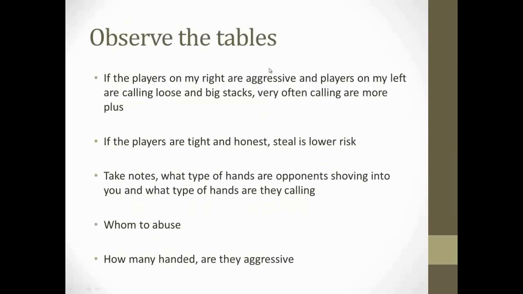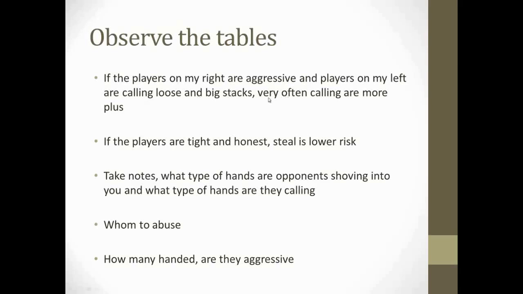The third one is other smaller points that I look at when I play. If the players on my right are aggressive and the players on my left are calling very loose, and there is a big stack or shorter stack, my fold equity decreases, because big stacks and small stacks are really willing to call light to gamble.